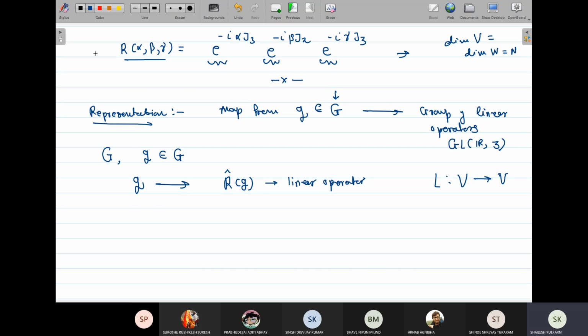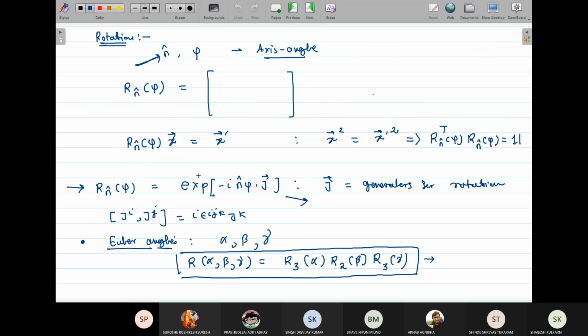It has nothing to do with classical mechanics or quantum mechanics. It is purely from the definition of this group, the definition of these 3x3 matrices. In physics, we use this to represent rotation, but that is another part.